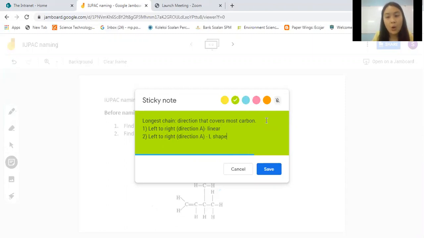Or third option, you can read from another direction, which is from right back to left, and in short, we call it direction B.